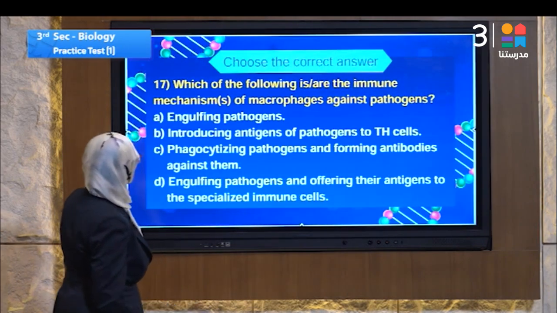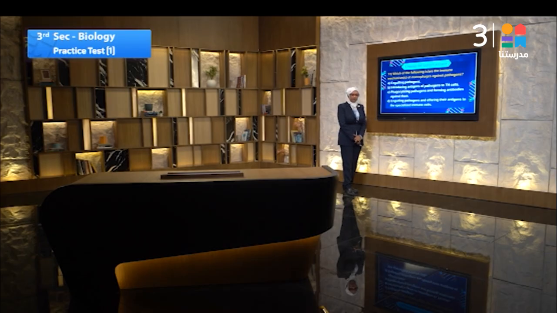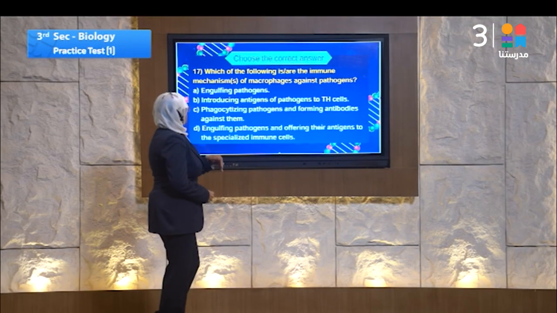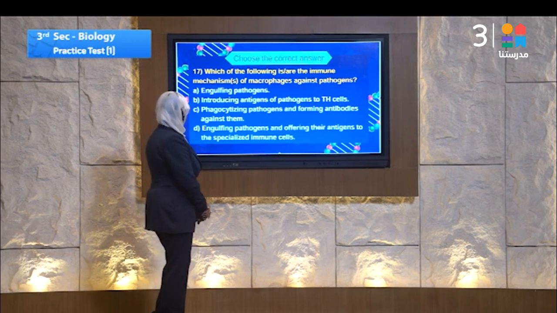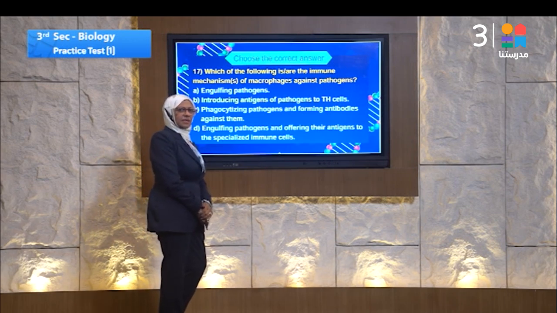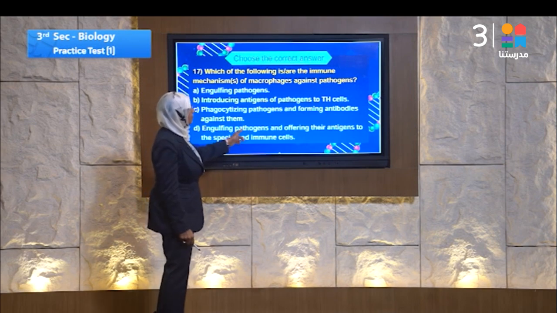Let's go to 17. Speak about the immunity. Which of the following is the immune mechanism of macrophage against pathogen? Pathogen enters the body, and there will be a sequence of steps inside the body. There are 4 choices. The first one, engulfing pathogen. Maybe it's the first one. Number 2, introducing antigen of pathogen to T helper cells.